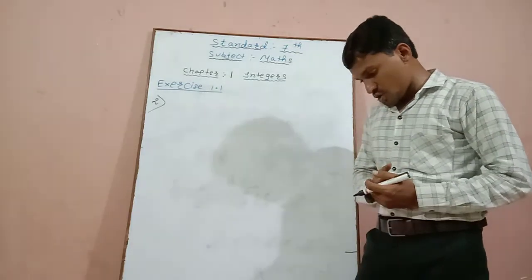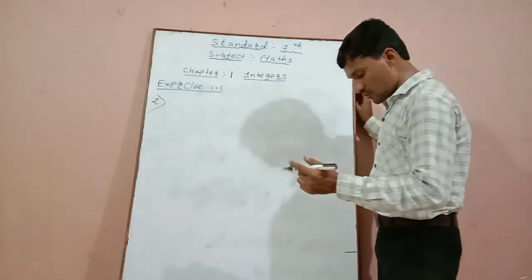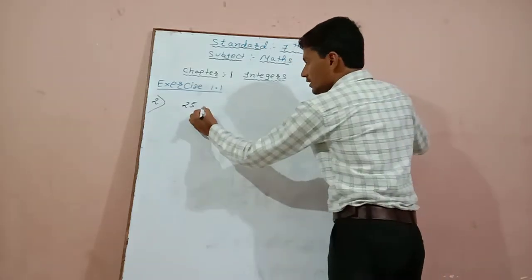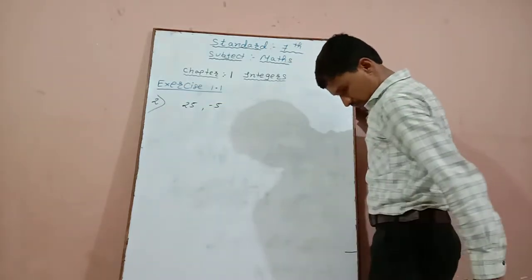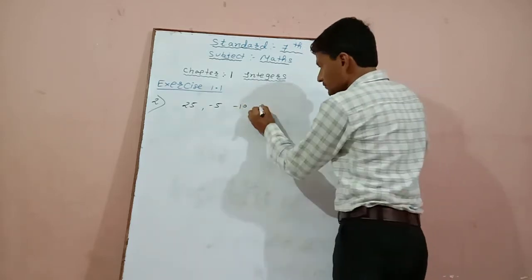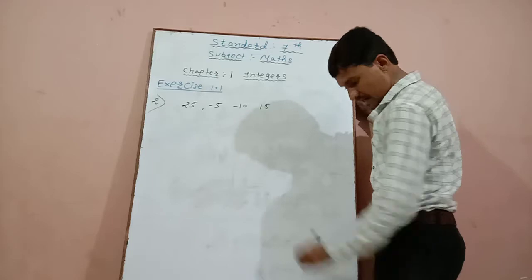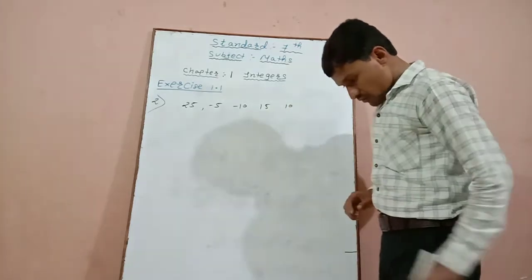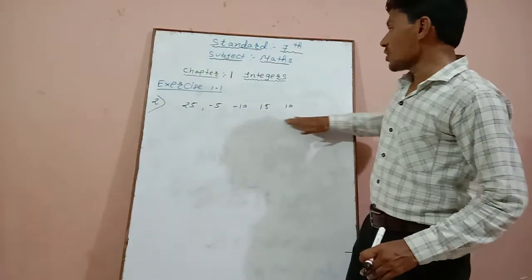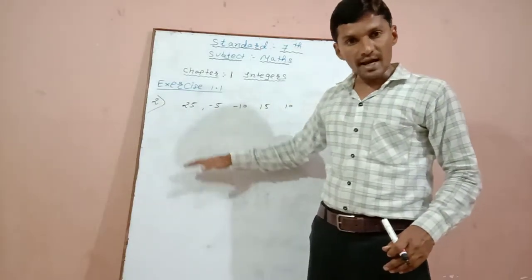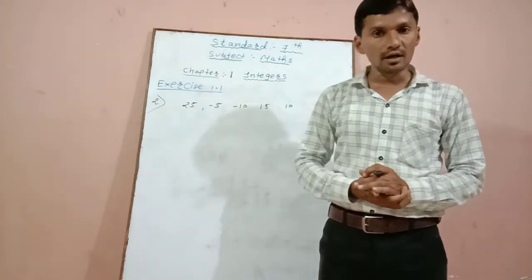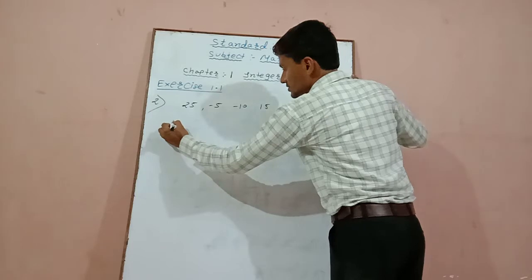If Jack scored in 5 successive rounds the numbers 25, -5, -10, 15 and 10, the question is, what was his total at the end? We have to add all these numbers. By adding or by subtracting we can find the total at the end. So let us start the calculation.